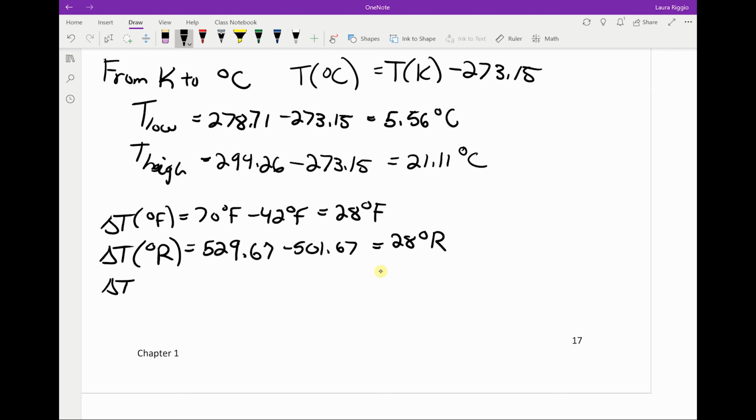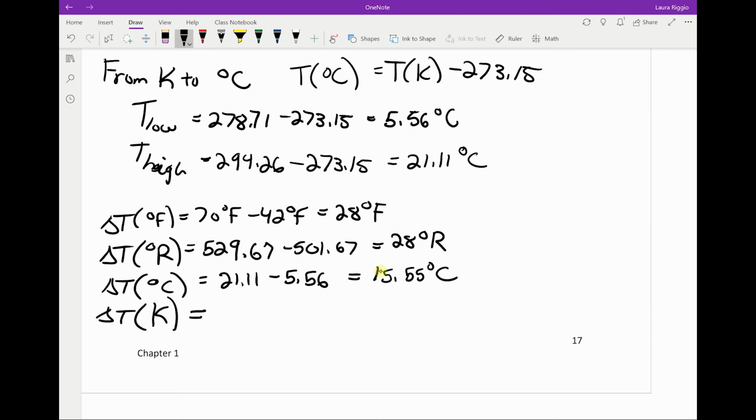In degrees Celsius, we're going to have 21.11 minus 5.56, which is 15.55 degrees Celsius. And lastly, in Kelvin, it's 294.26 minus 278.71, which is 15.55 Kelvin.